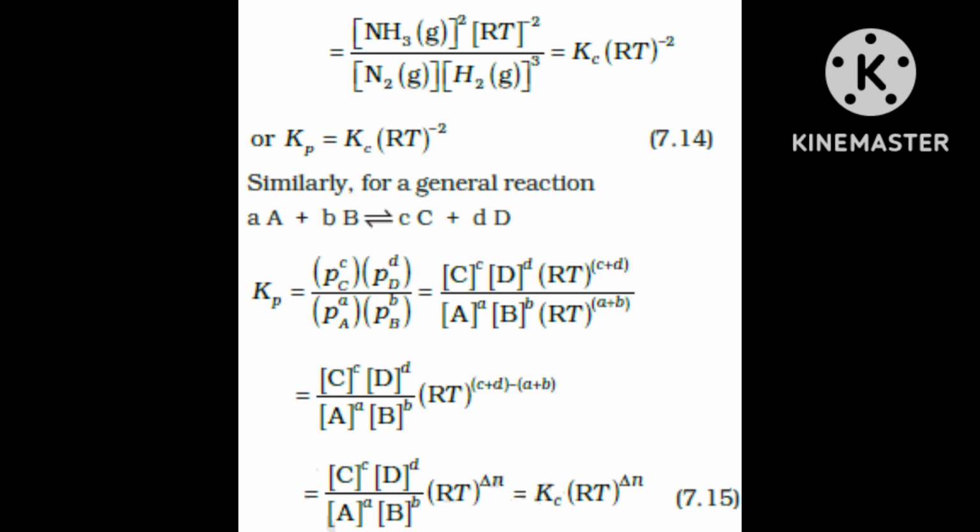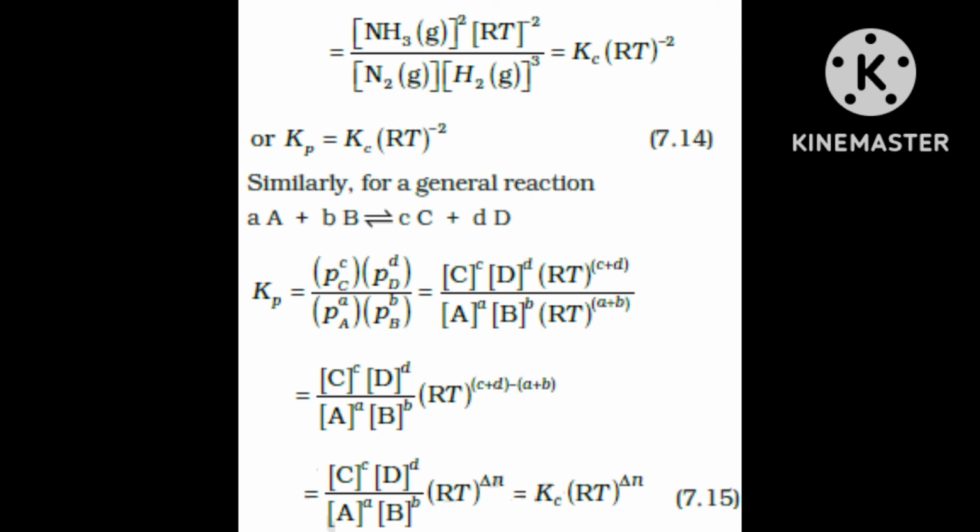Okay. Now this is what you have written. Here you see, upside power is 2 and down is total power 4: RT power 4 down and RT power 2 up. NH3 power is 2, and down 1 N2 and 3 hydrogen power 3.